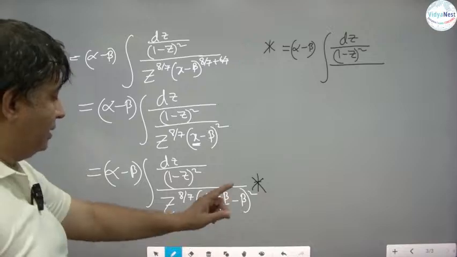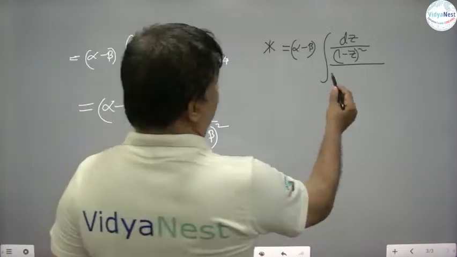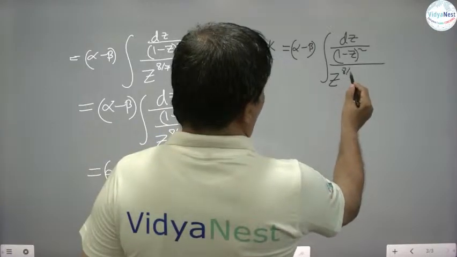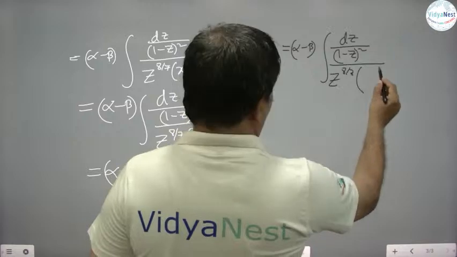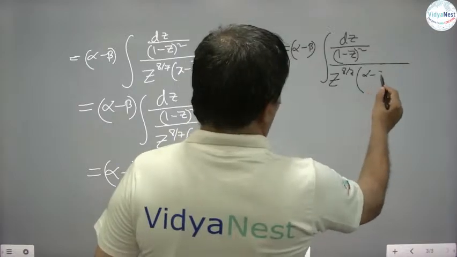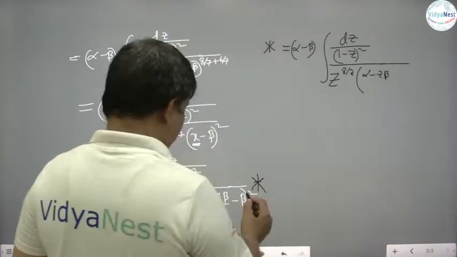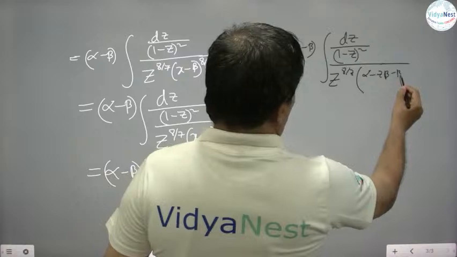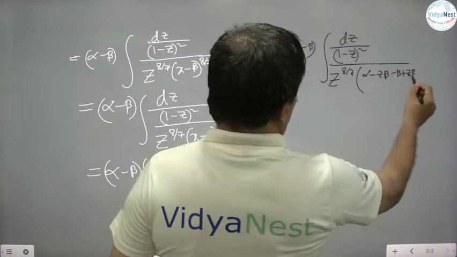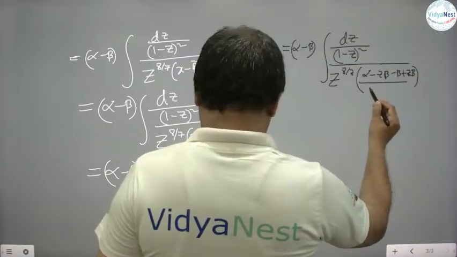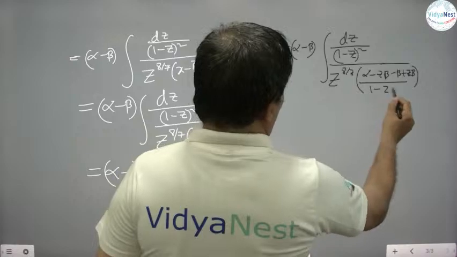You take the LCM and see more simplification is possible. Alpha minus z beta minus beta plus z beta by 1 minus z whole square.